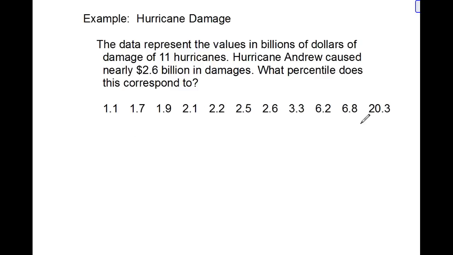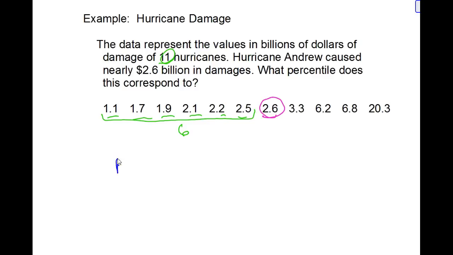Well, this particular time, it's already in order. So we look and say, okay, here is 2.6. Now, there are 1, 2, 3, 4, 5, 6 numbers below, and there are a total of 11 numbers.